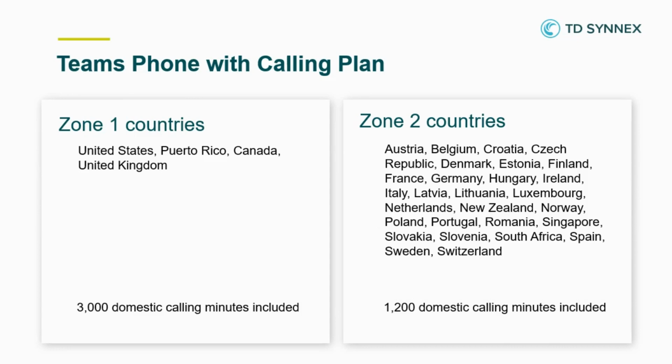These minutes are pooled per country or region and per plan on a monthly basis. So with a calling plan, you receive a quantity of domestic calling minutes per month that are pooled at tenant level. But what happens though if you run out of these minutes or you want to make international calls with a domestic plan? And this is where the overage handling comes in.